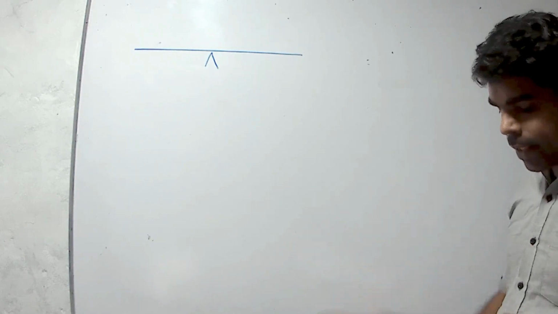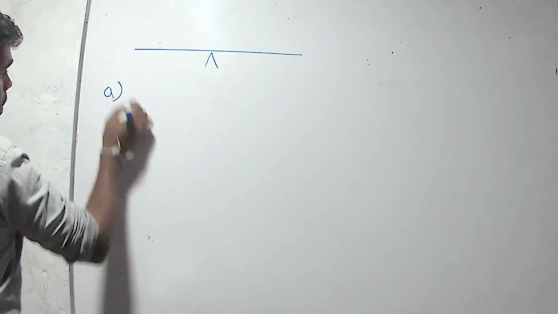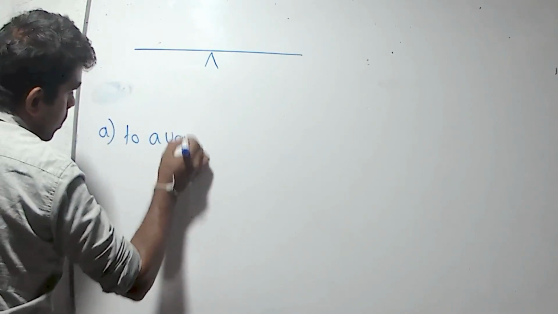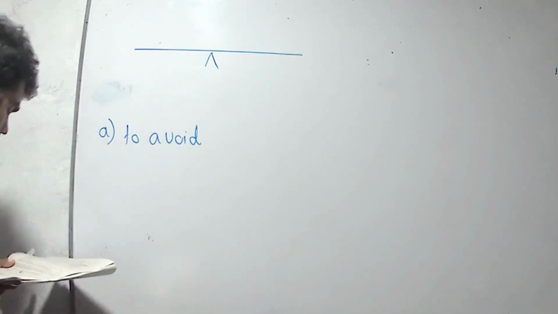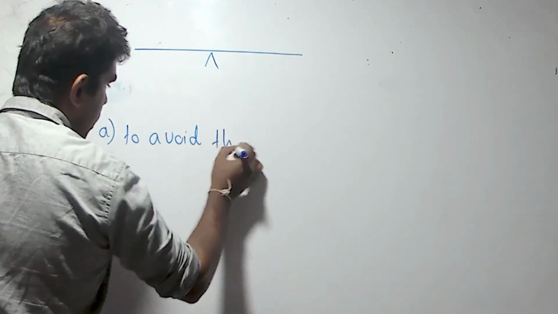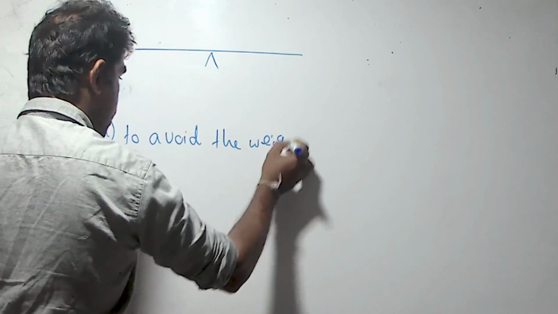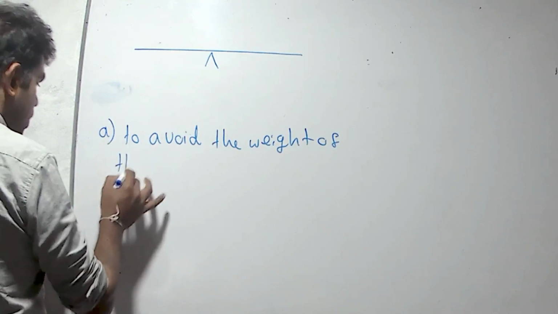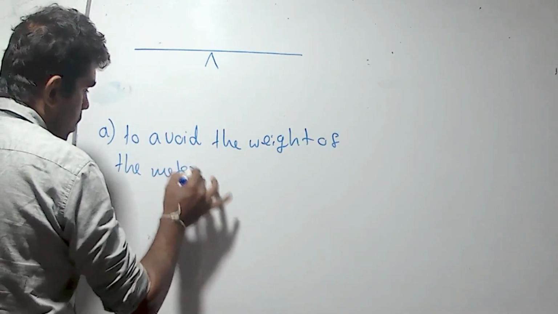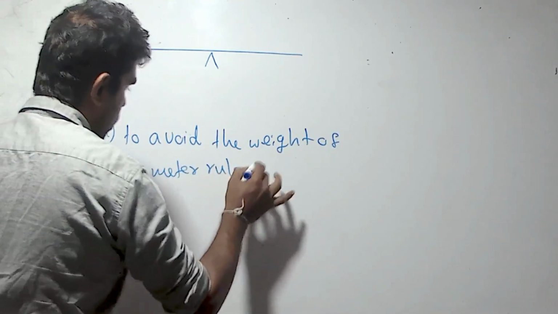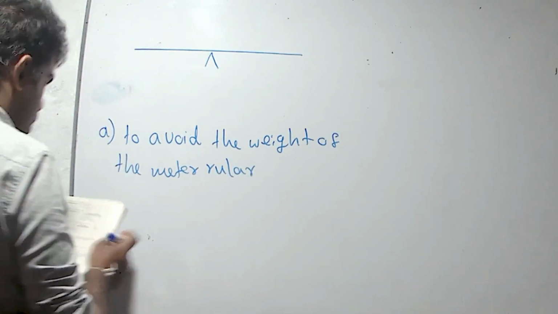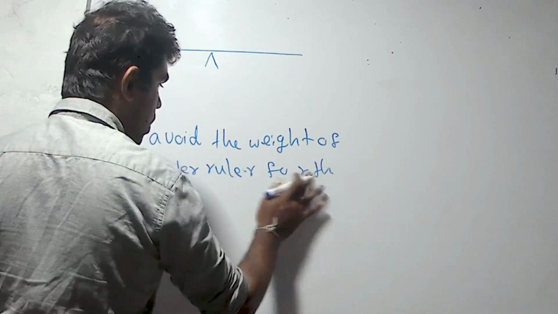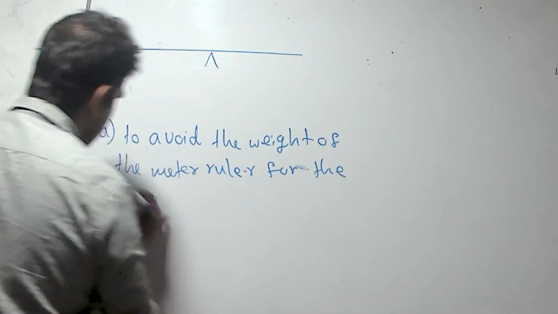Then we can get the answer for part A: to avoid the weight of the meter ruler in the calculation.